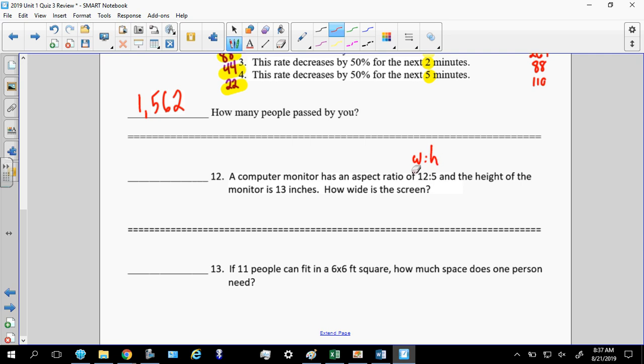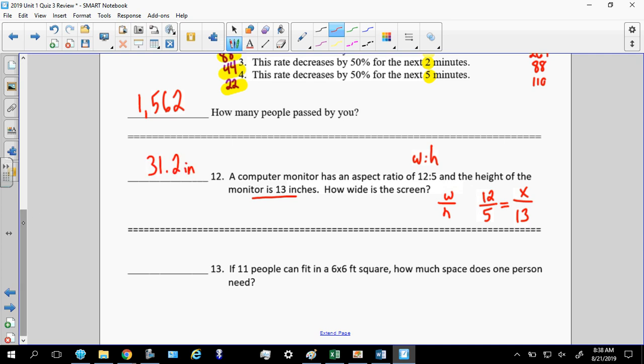So I'm going to create a proportion, width over height, which means I'm going to take the aspect ratio 12 over 5. And the height of the monitor is 13 inches, so I'm putting the height on the bottom. It's equal to 13 with an X on top. Simple proportion question. Cross multiply and solve. You get a grand total of 31.2 inches.